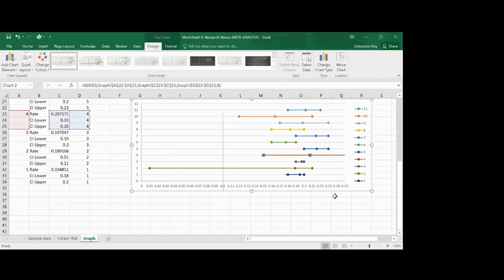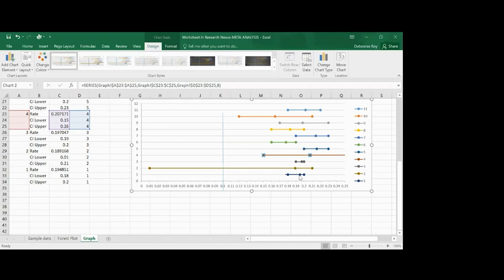Now even with study number 4, it does not cross 1. So they are towards the left side of the critical value of 1, which means that all the studies favor the treatment. They show that the treatment is effective.